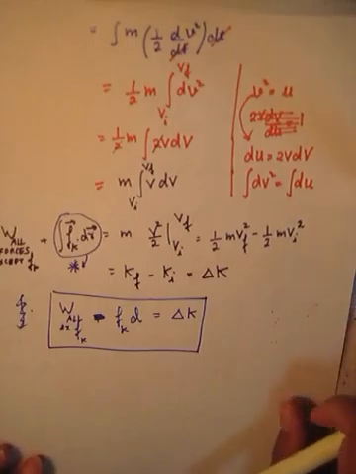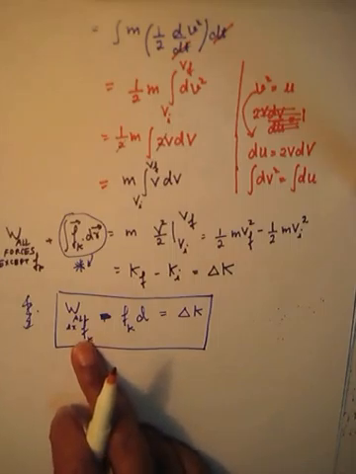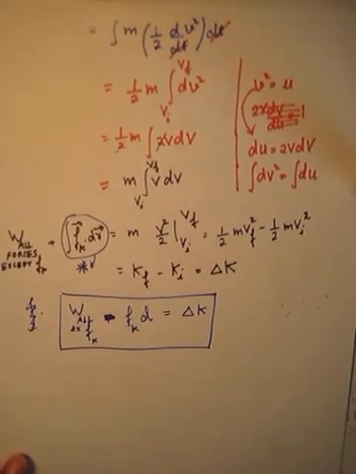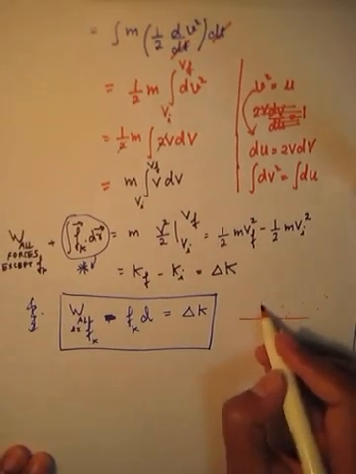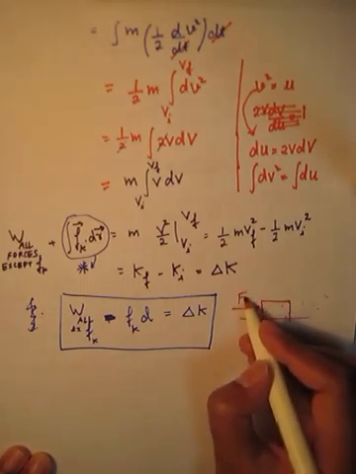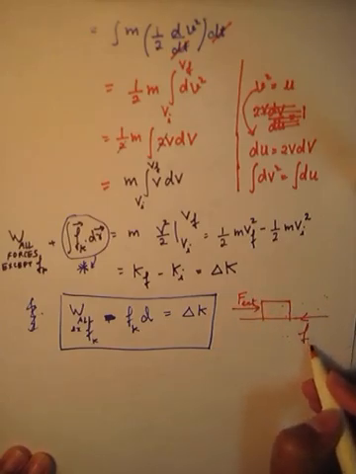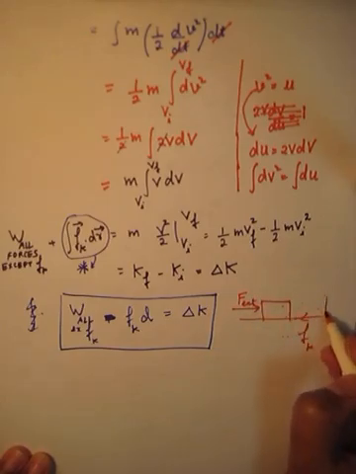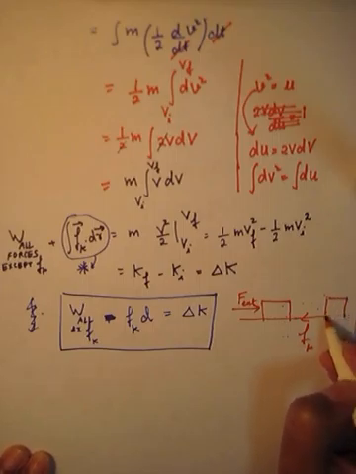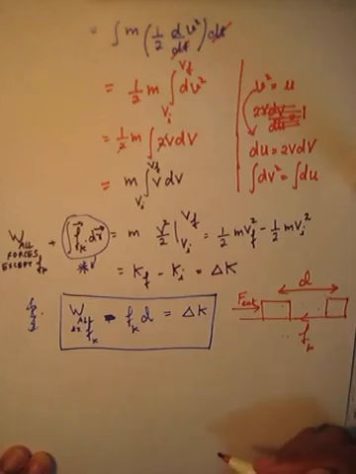Okay. So in our case, the only force which will create displacement will be the external force, because there is an object and there is some force acting on it, which is external force, and there is frictional force, and this object moves a total distance of d.